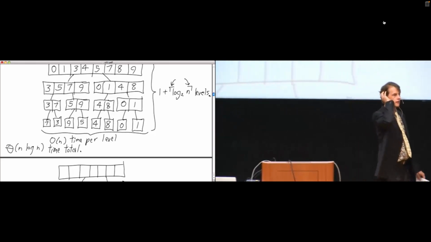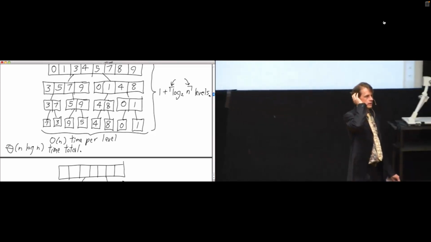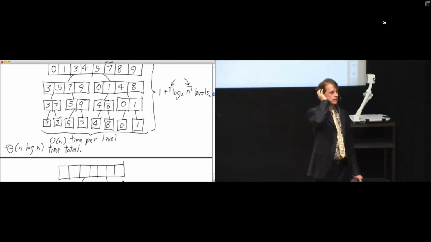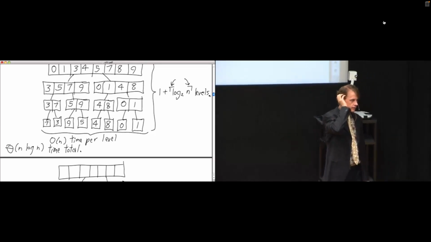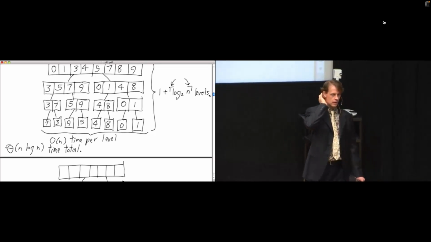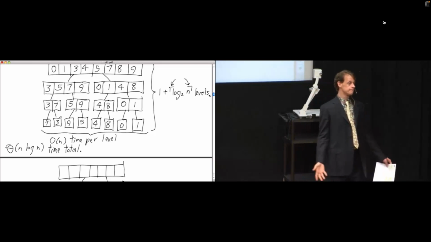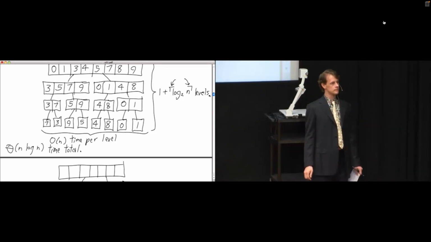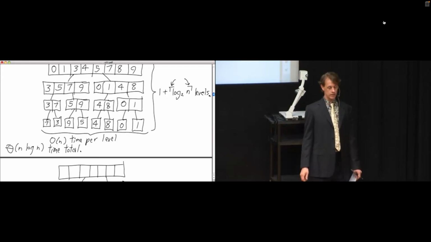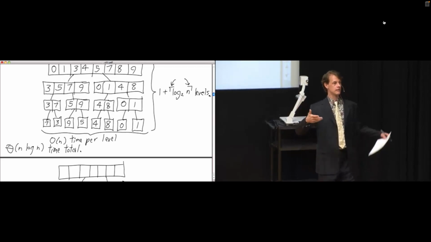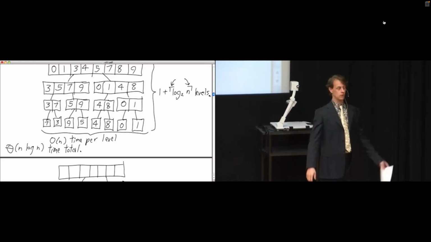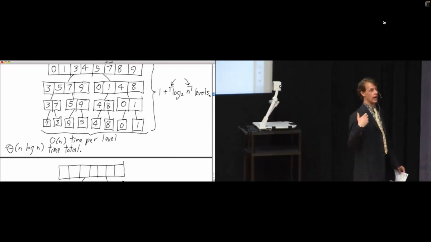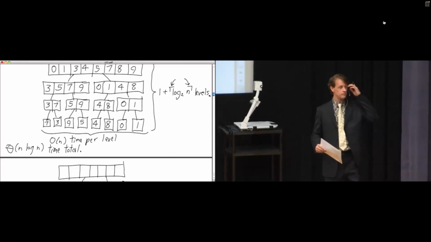Oh, sorry, what was the last thing you said? No matter how well sorted the data is, yeah, if you have data that's already sorted or partly sorted, this does not take advantage of that in any way. So, yeah, you're right.